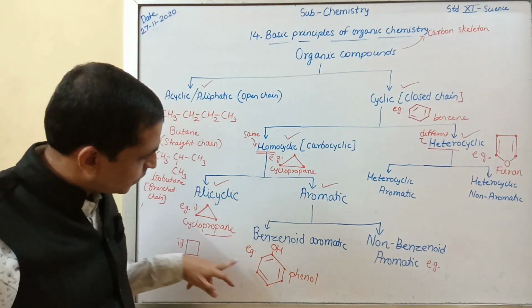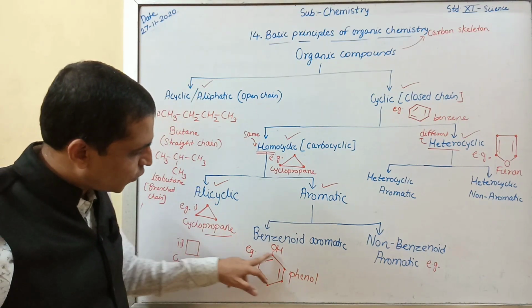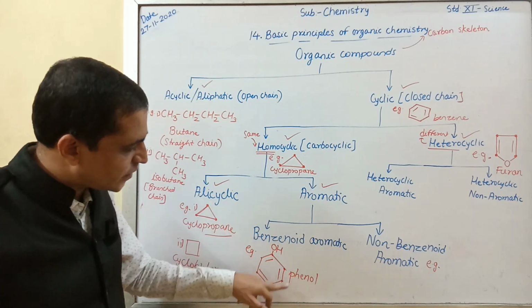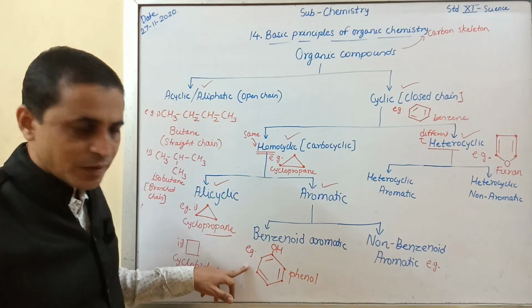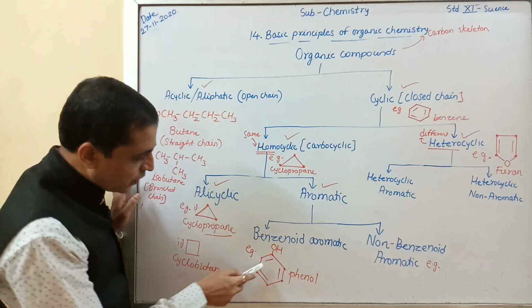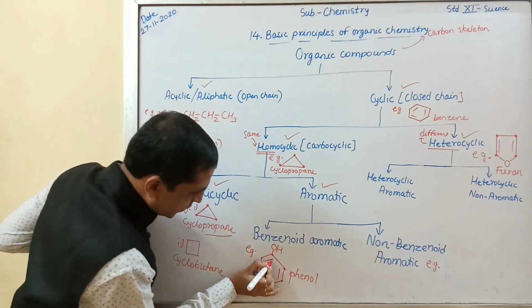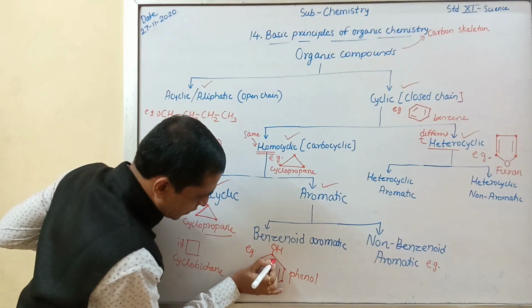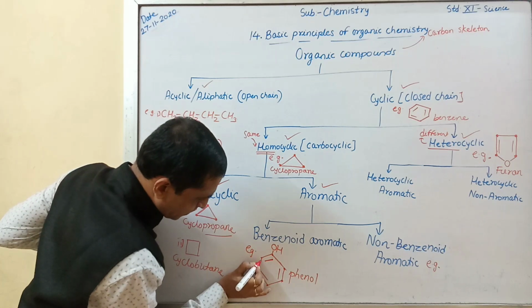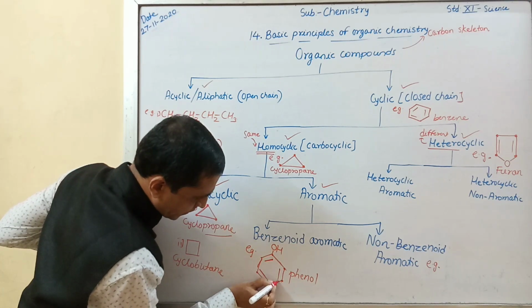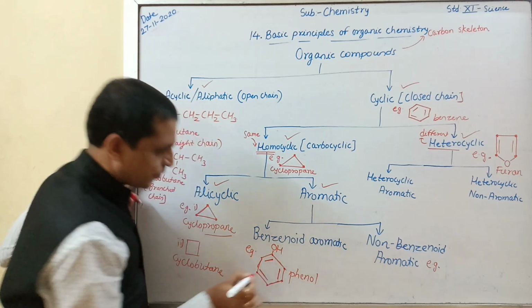Benzene contains a ring of 6 carbon atoms, or you can say a hexagonal ring, containing alternate single and double bonds.